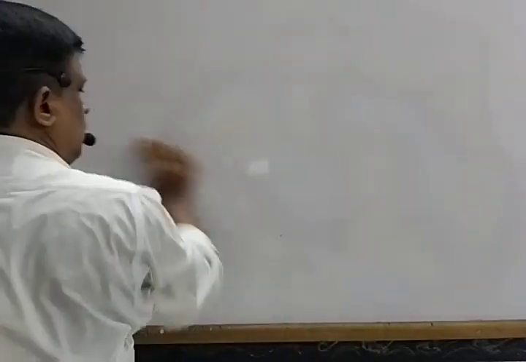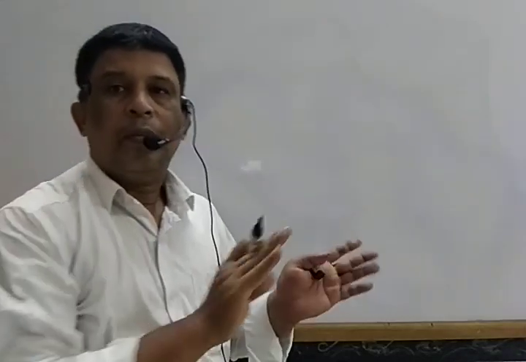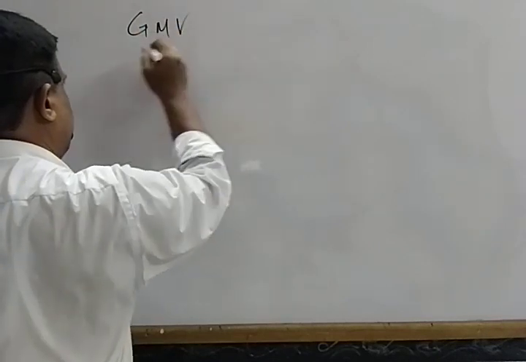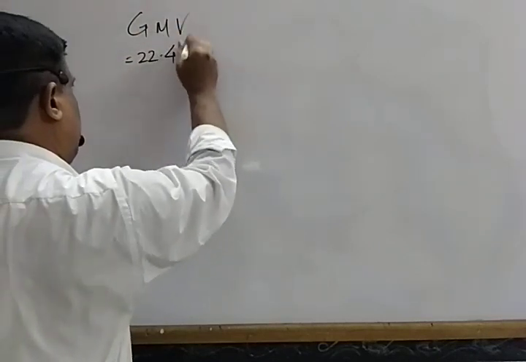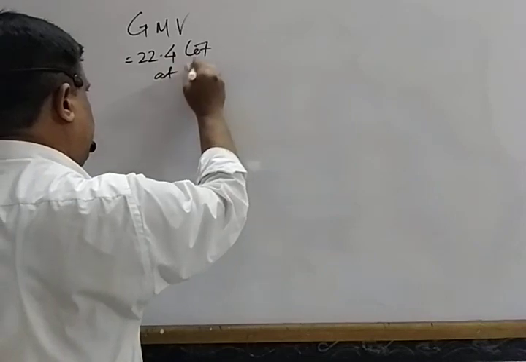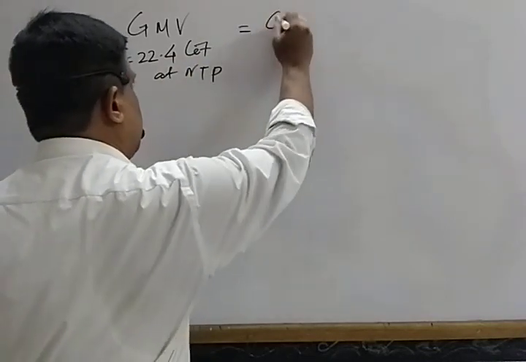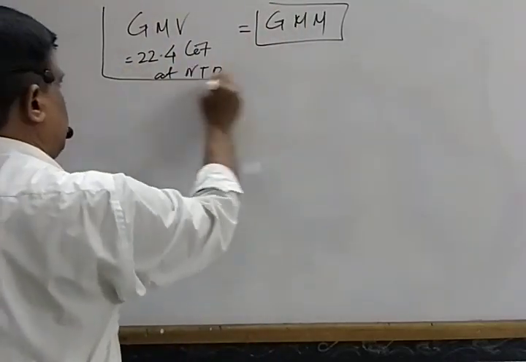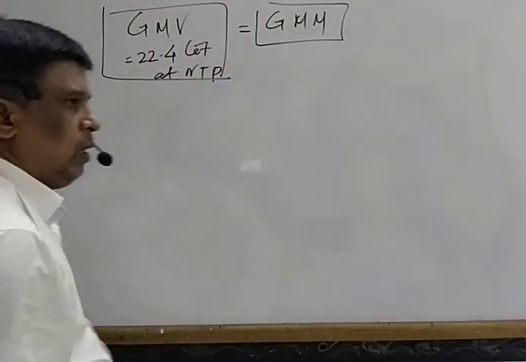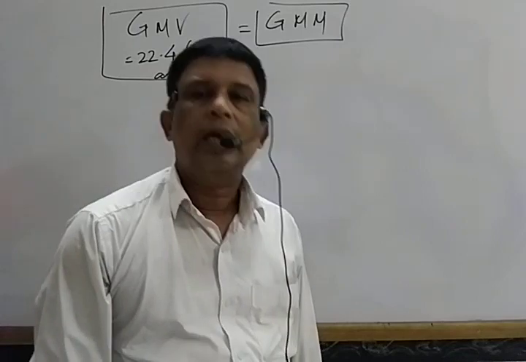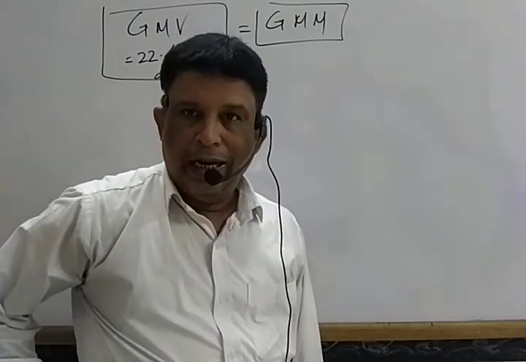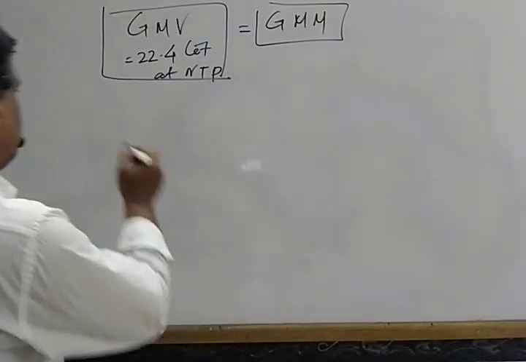Mark that. Now reverse the relationship. Previously we went through mass with volume. Now GMV, that is 22.4 liter at NTP, is fixed, with GMM, gram molecular mass, which varies with the formula. Same thing is there. Let us discuss another one, that is N2, nitrogen.